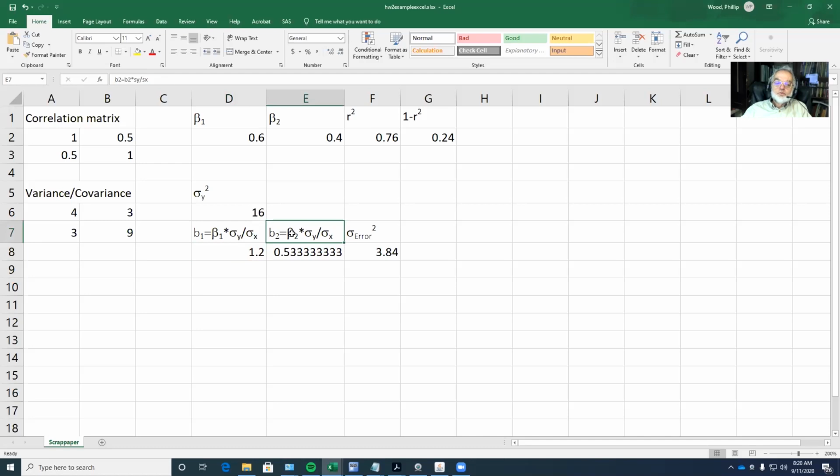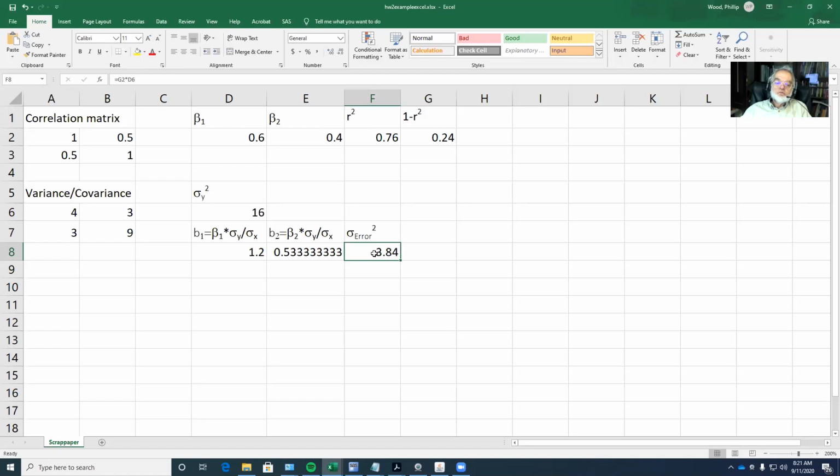And the same thing's true for the other one. The second unstandardized regression weight is going to be the standardized regression weight times the standard deviation of Y divided by the standard deviation of X. The error variance of Y is going to be the variance of Y multiplied by the proportion of error variance.